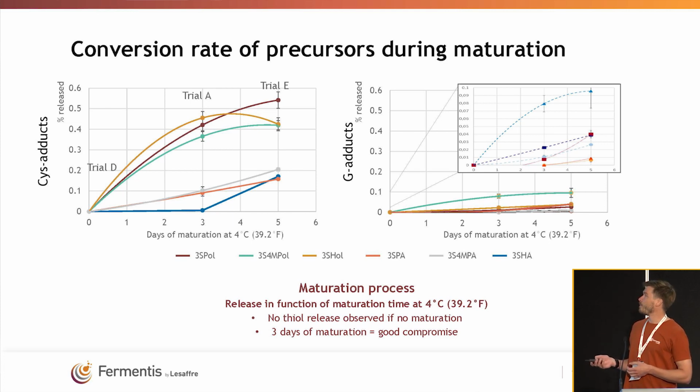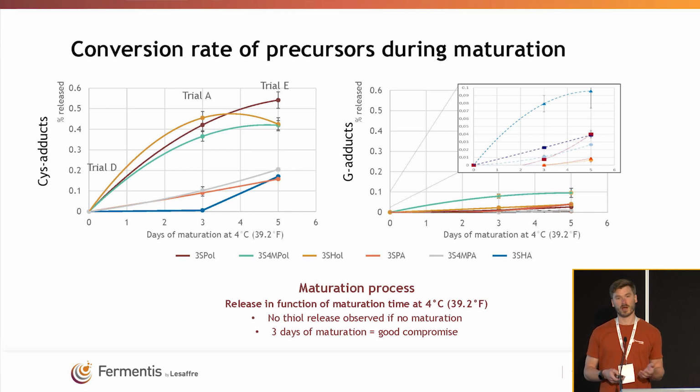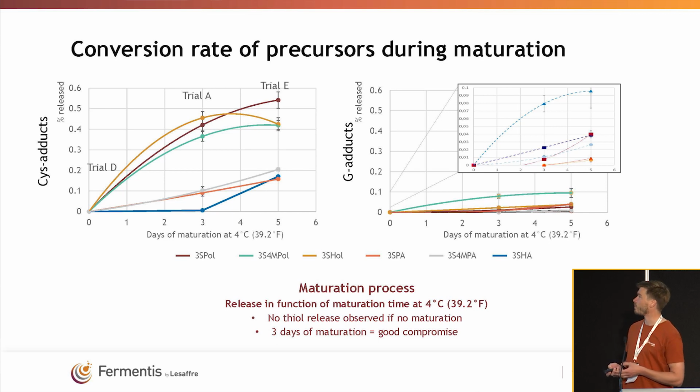And what we see again is that with cysteine adducts, you have a higher percentage of release, as we have seen before. And here, if we look at the glutathione adducts, we see a pretty similar pattern. So if you increase maturation time from 3 to 5 days, you have a higher increase of thiol release under the alcohol form.